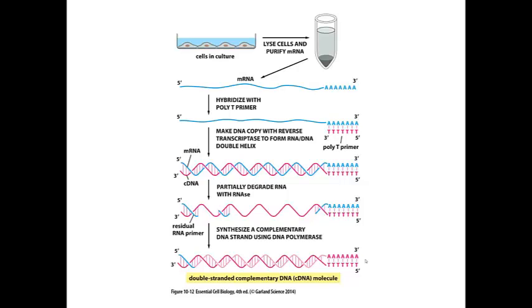So it can inform you about expression, about time and place of where different genes are expressed. And it can also be informative about where introns are located, because if you compare the cDNA to the genomic DNA, it will tell you where the introns are.